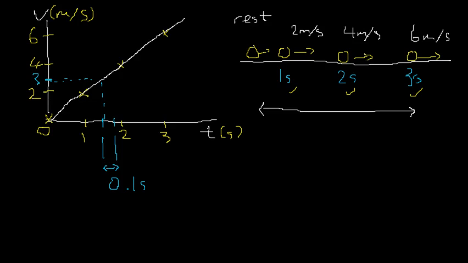So after a very short time interval, the speed increases a little bit, 3 point something meters per second. But since the time interval is very short, we can imagine that the speed increase is quite small.